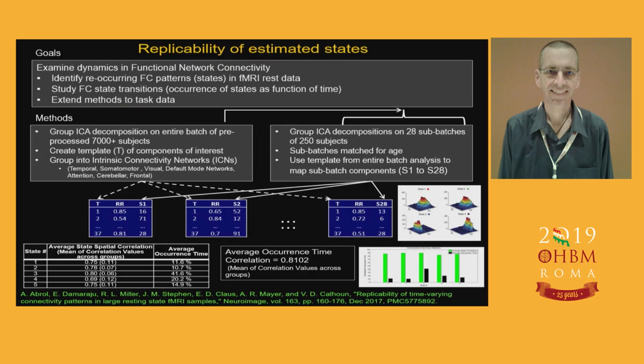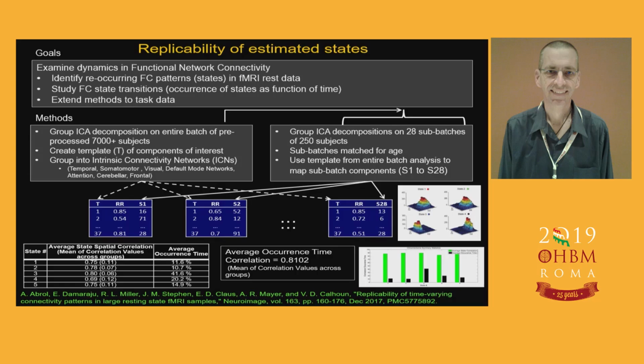Next slide. Next slide. So in the next few slides, I just want to touch on some ongoing work. This is a replication study we ran a couple years ago, basically taking 7,000 individuals and splitting them into 28 independent subsets and running a pipeline to see if we see canonical states and do we see things replicating.